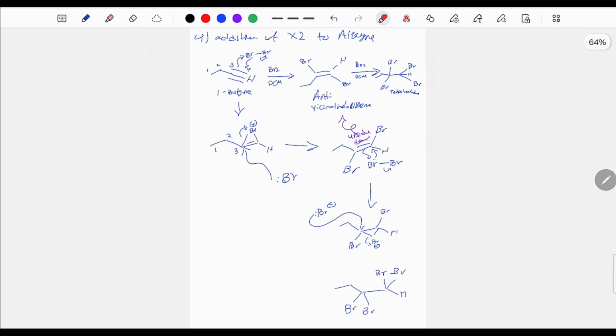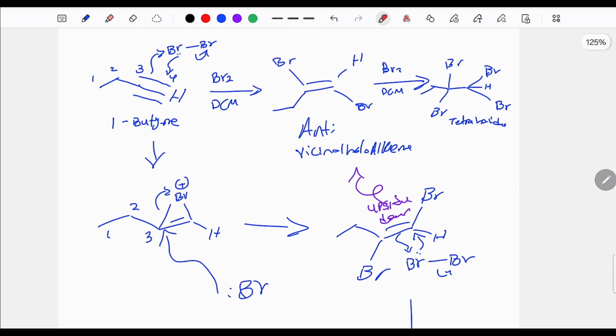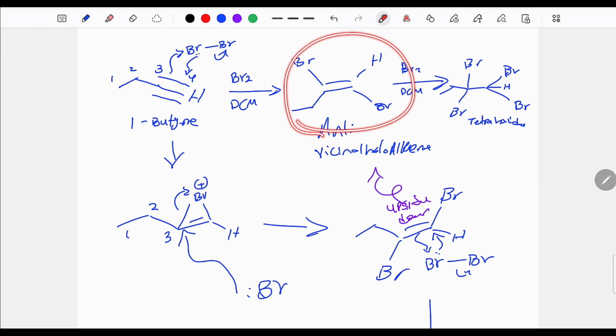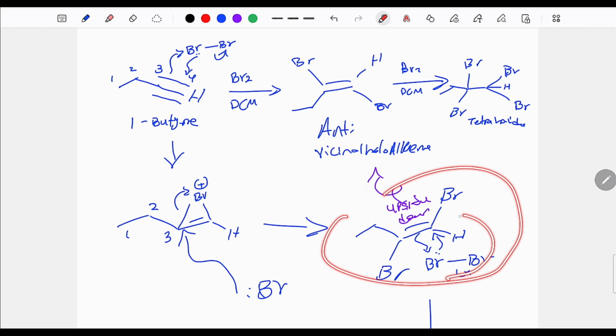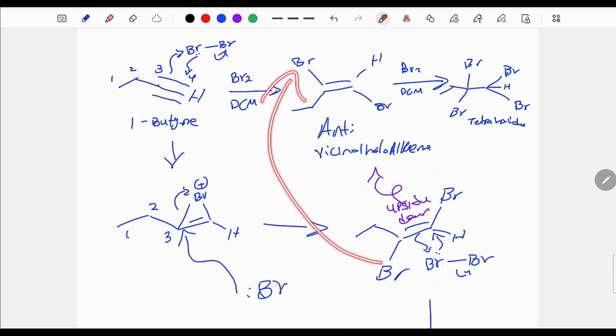And you might be saying, wait a minute, whatever you drew here looks different from this. And to answer your question, I've written it down here. This is upside down. So if I rotate this or flip it the other way around, you'll notice that the bromine goes up, this will go down, this bromine here will become that, and you get it.